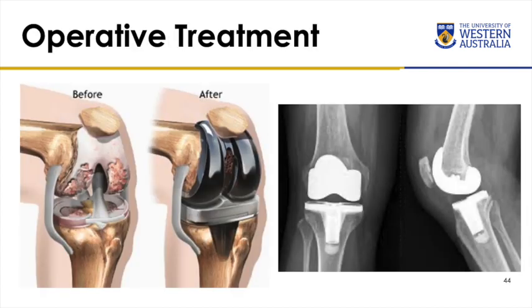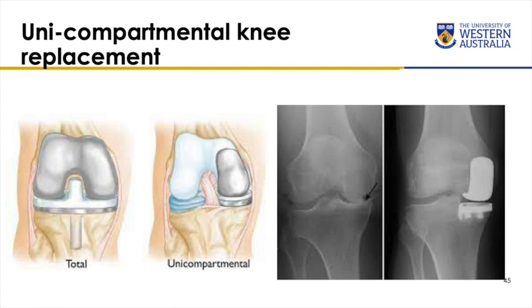Operative treatment is knee replacement for end-stage disease that no longer responds to conservative management. Knee replacement is the most common joint replacement performed in Australia with excellent long-term results. Knee replacement can be either a total knee replacement or a partial knee replacement.